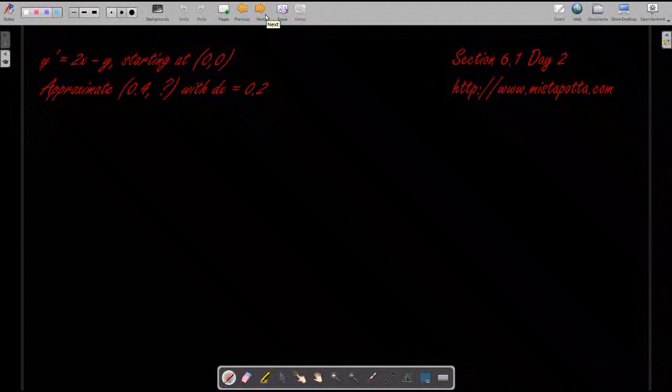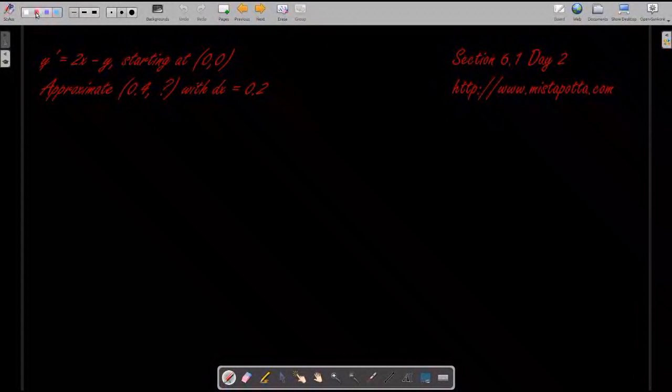So I've got this example here. I've got y prime equals 2x minus y. And I'm starting at the coordinate (0, 0), and I want to approximate y of 0.4, with delta x being 0.2.